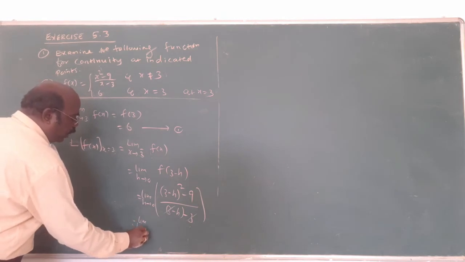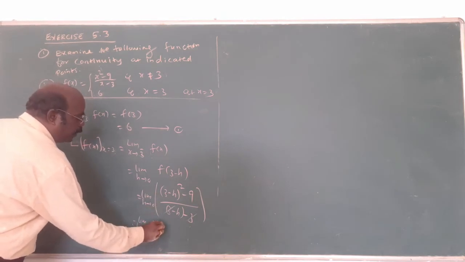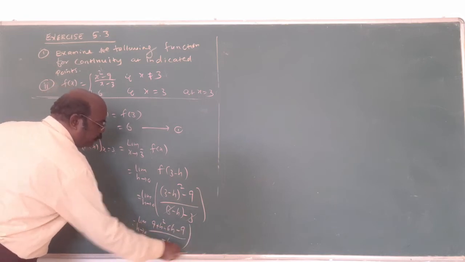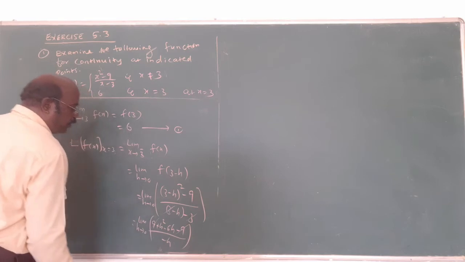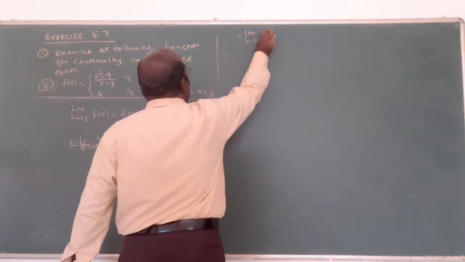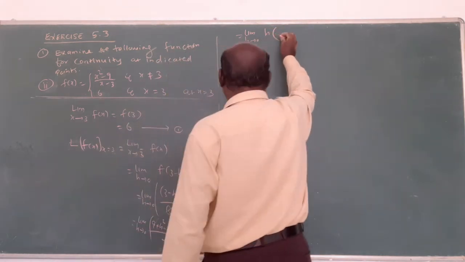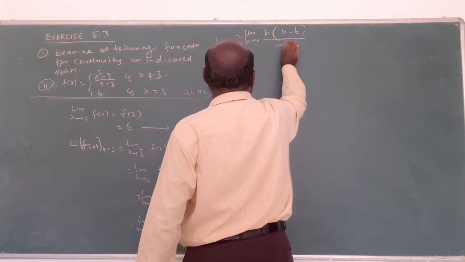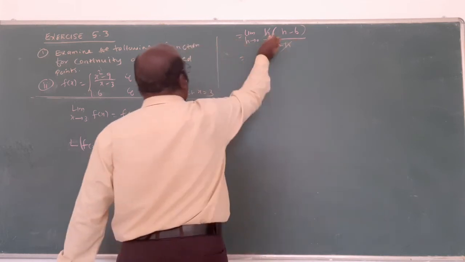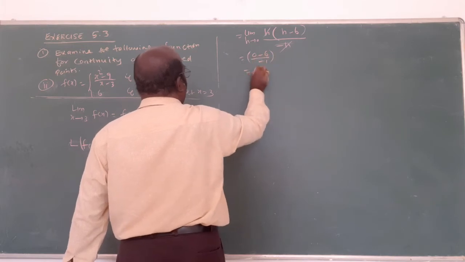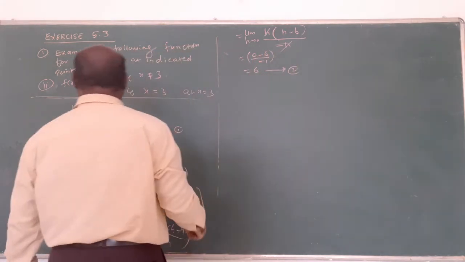Limit h tends to 0 of 9 plus x square minus 6x minus 9 by minus x. Am I right? This will be cancelled. Now in the numerator, h is common. What is the answer? h minus 6 by minus 1. h gets cancelled. Now replace h by 0. 0 minus 6 by minus 1. That is 6. The second answer.